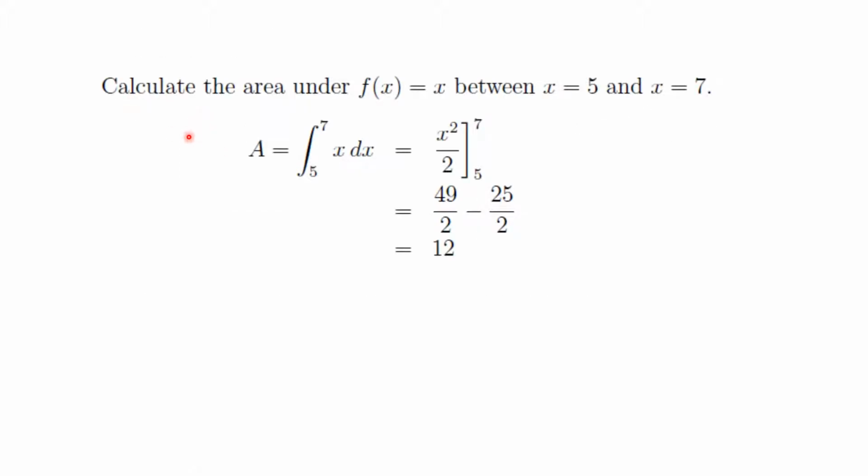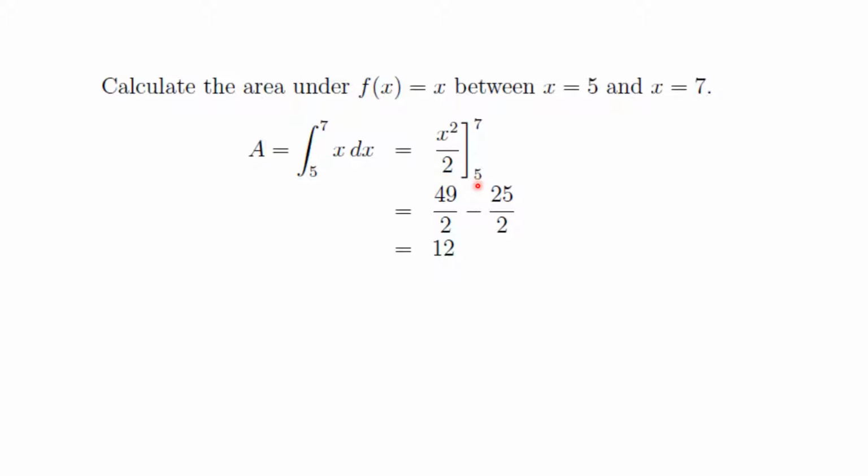For example, calculate the area under f(x) which equals x between x equals 5 and 7. So it's clear the function is x, the lower limit is 5, the upper limit is 7. So area, integrate between 5 and 7, the function x dx. The calculation will require you to integrate x first, so you will get x squared over 2.